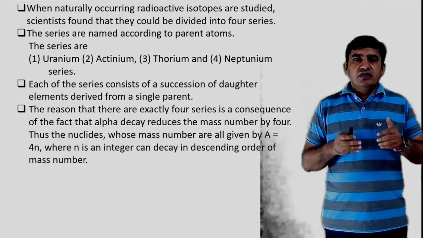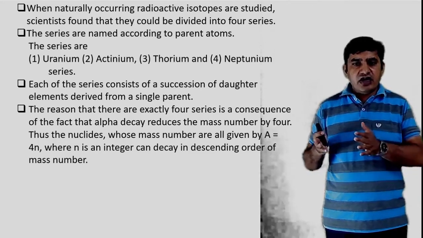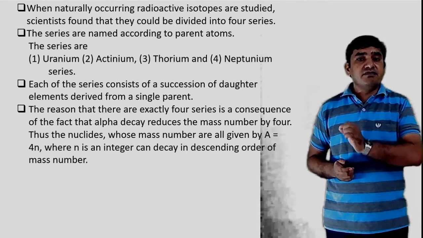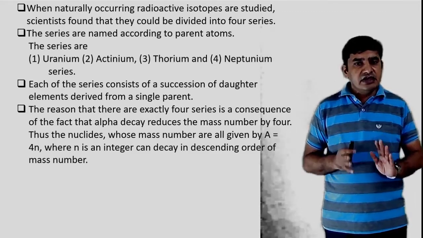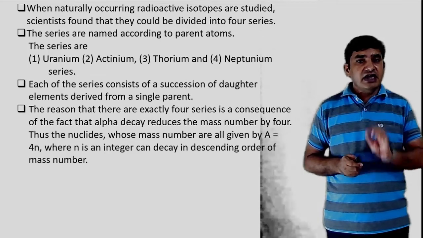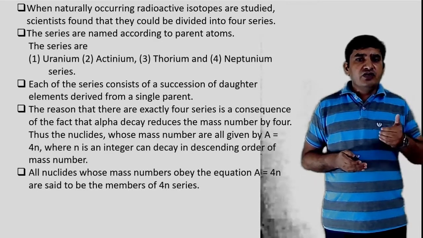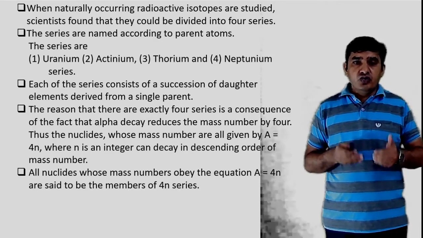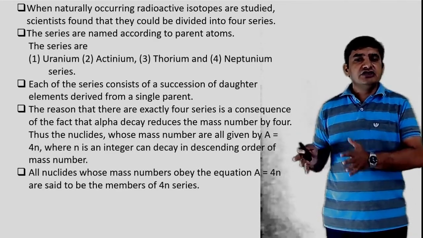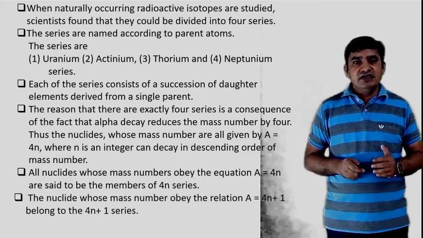So when thorium decays by alpha emission, its mass number decreases by 4, and therefore the first series is the 4n series, where n is any integer. All nuclides whose mass number obeys A equal to 4n are members of this 4n series.